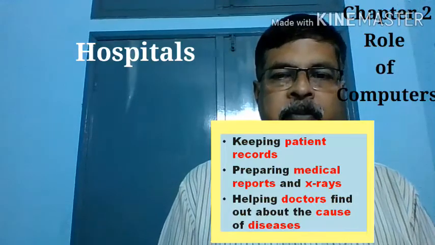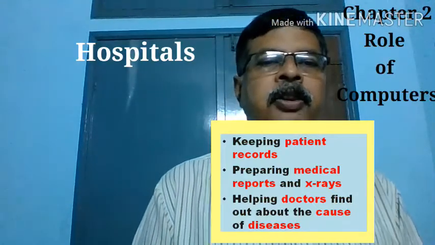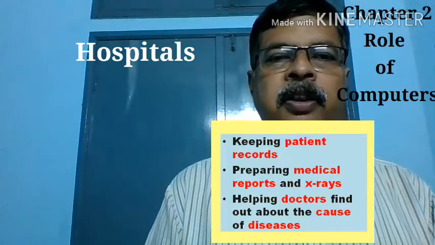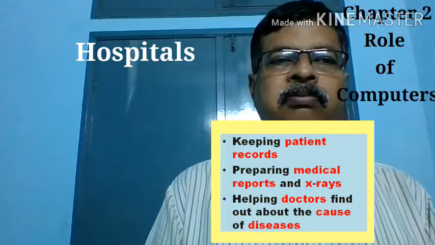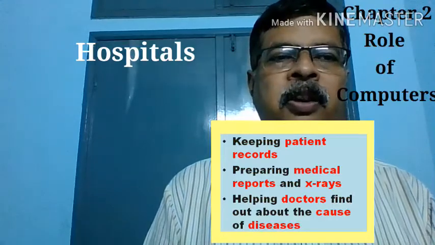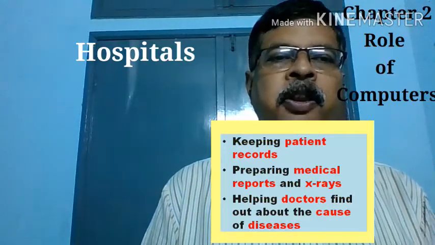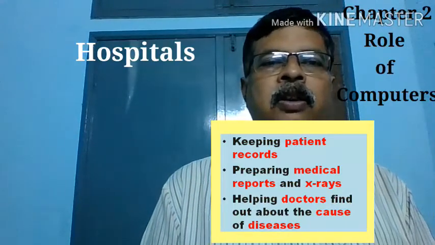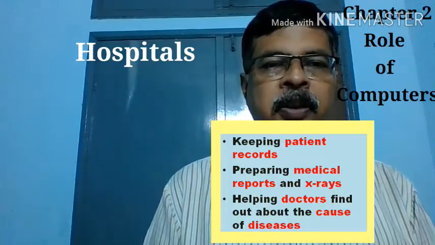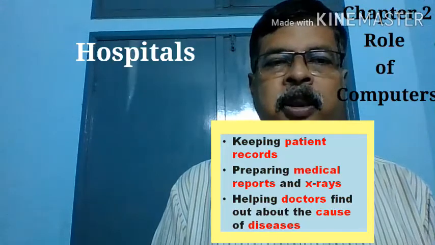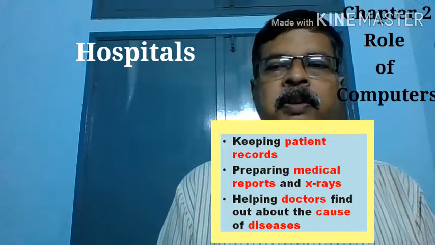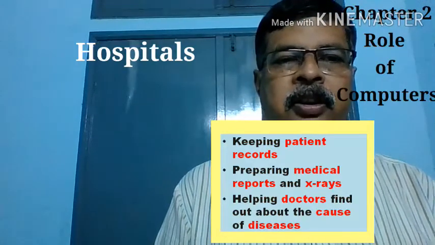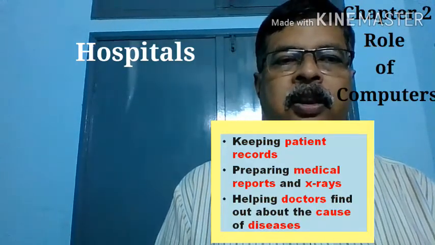Then preparing medical reports and X-rays. Now, if you see any of these reports that come from the doctor, you will see they're all printed in the computer. And all these machines that are there for doing the testing, these are all sorts of specialized computers. Even the X-ray machine is like a computer.